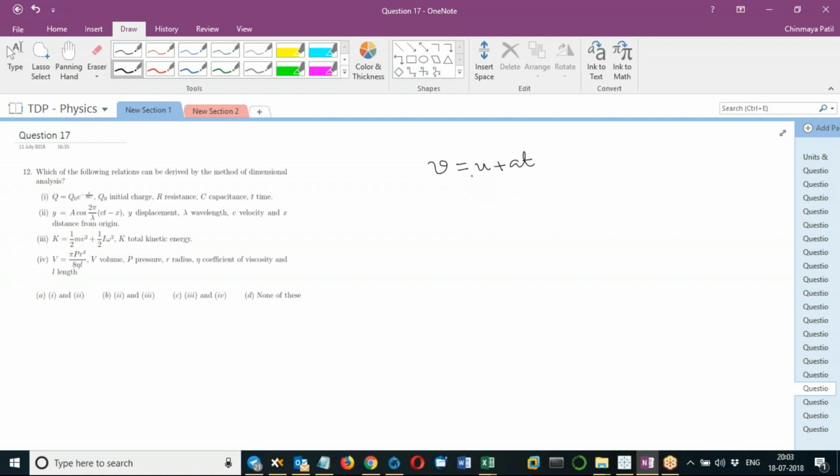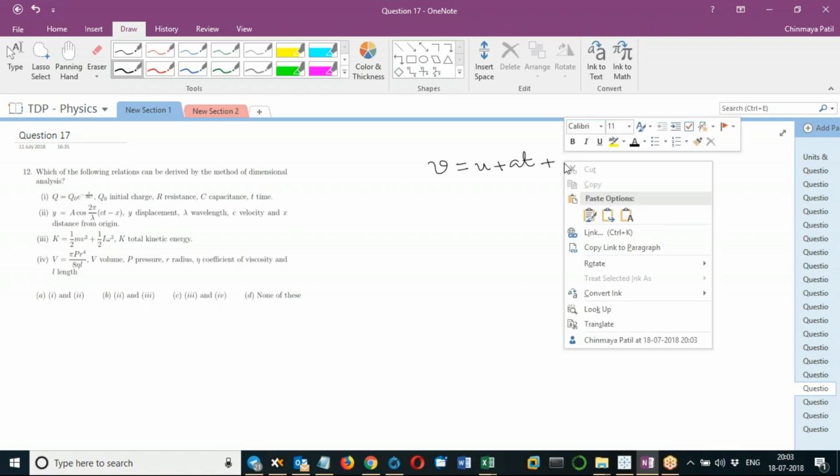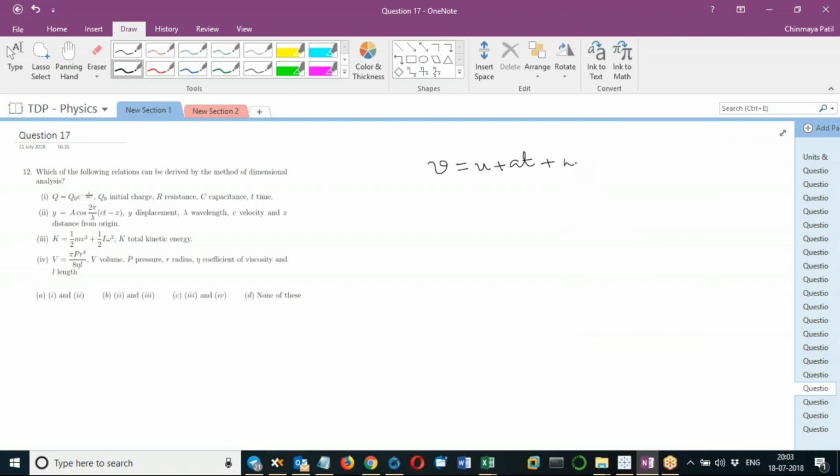Now this is a correct equation as well as a dimensionally correct equation. Now if we add any other quantity with this, another velocity component, suppose we add something like w, it could be dimensionally correct, but that is not a correct equation at all.